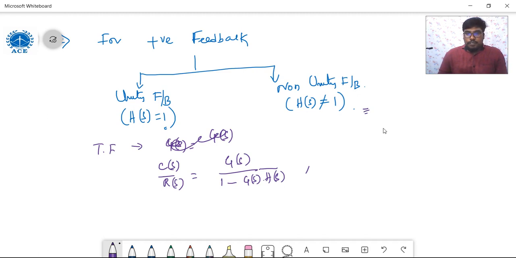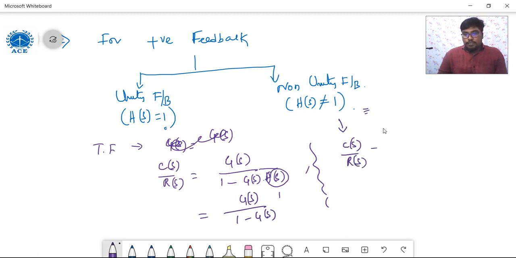For non-unity feedback, same thing. In the unity case, H(s) is equal to 1, so I can rewrite this as G(s) divided by 1 minus G(s) for a unity feedback. For a non-unity feedback, the overall transfer function C(s) divided by R(s) is G(s) divided by 1 minus G(s) into H(s).